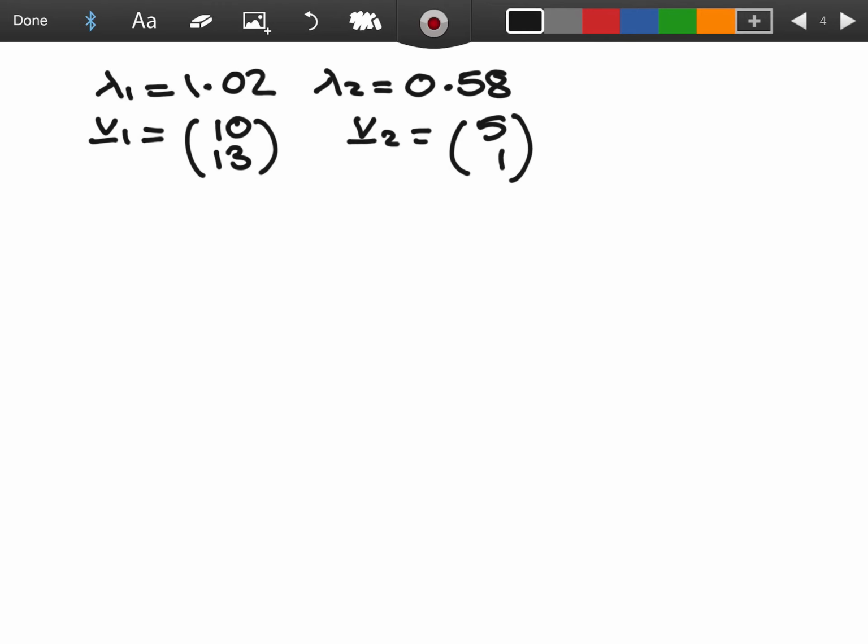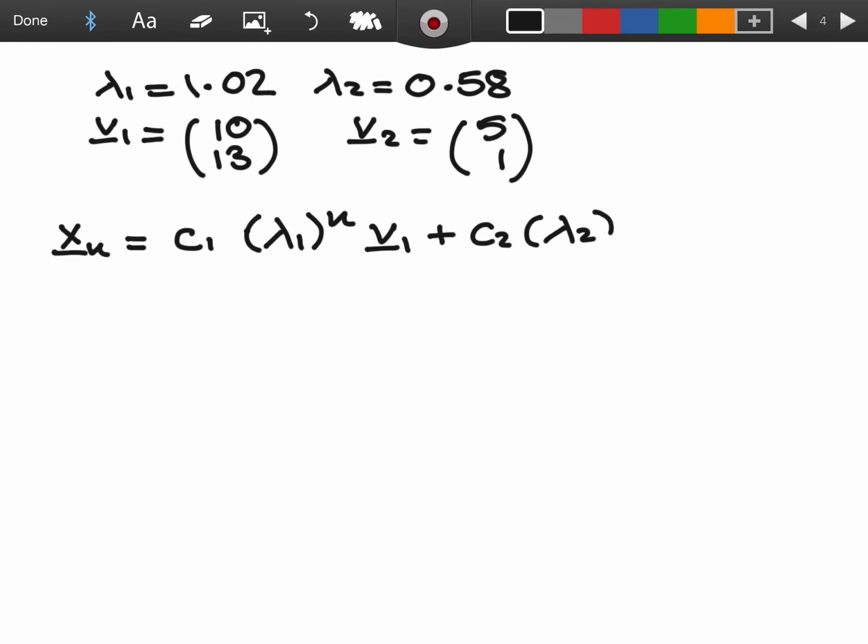Now, we know, because we've worked it out before, that we can write this kth iteration as C1 lambda 1 to the k V1. Now I've only got 2 eigenvalues and 2 eigenvectors here, so I only have to go up to the second eigenvector.